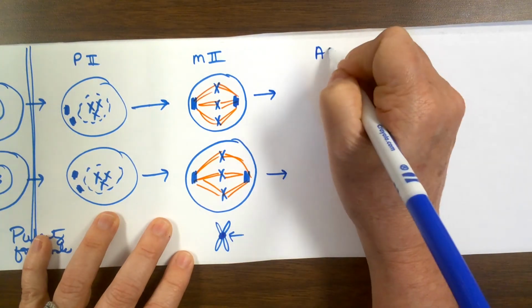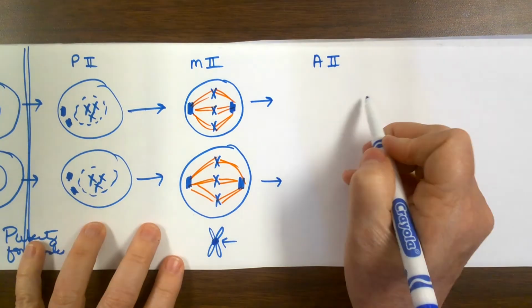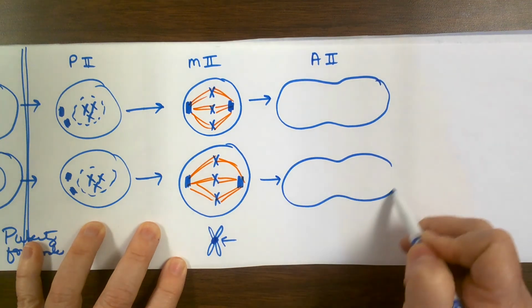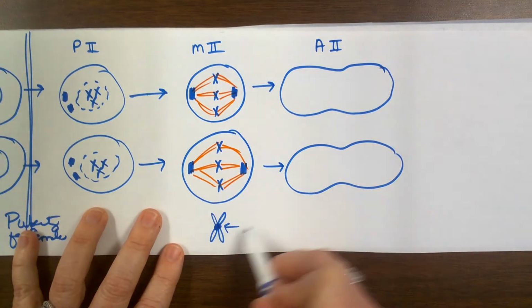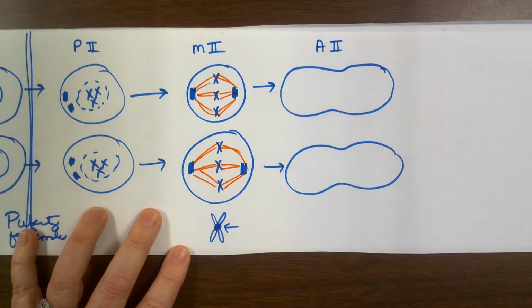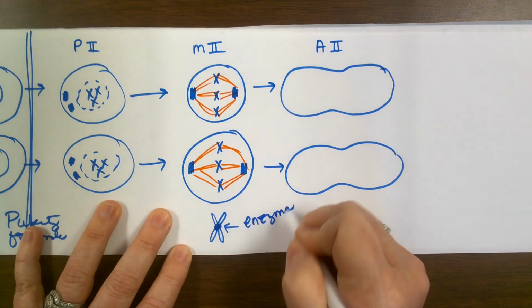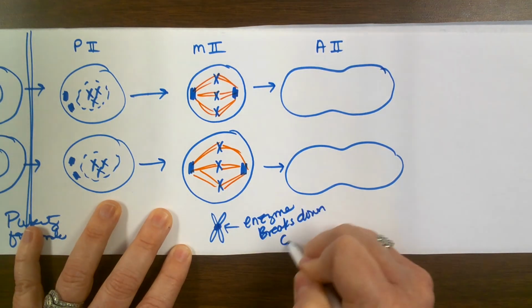So anaphase 2 is when we pull the sister chromatids away from each other. So it starts kind of looking elongated. All right. So in anaphase 2, all of a sudden this centromere disappears due to an enzyme. So an enzyme breaks down the centromere. Okay, so that's the glue.